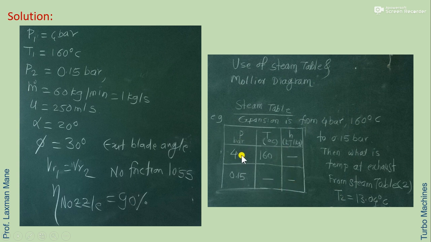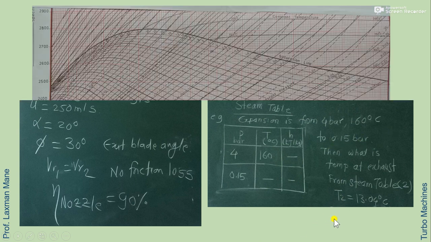In pressure column, inlet and outlet pressure are known. In temperature column, inlet temperature is known. So outlet temperature we can find from the steam table, corresponding value of pressure in degree Celsius. And enthalpies we don't know. So this enthalpy we can find from the Mollier diagram. For that we have to study what is Mollier diagram.